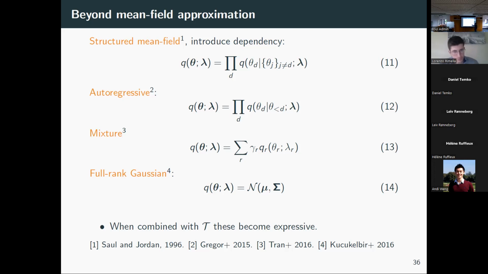For example, you can take a kind of a mixture. But if you don't know how many components you have, can you also do that?